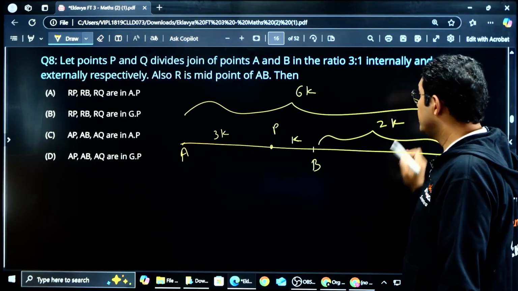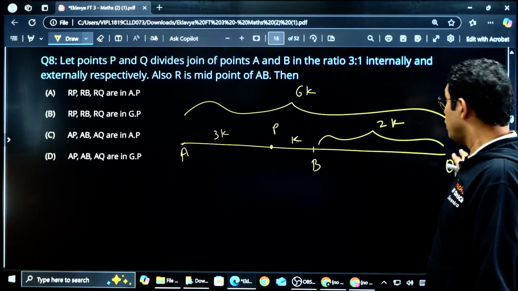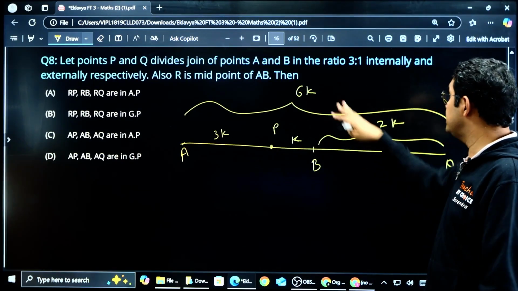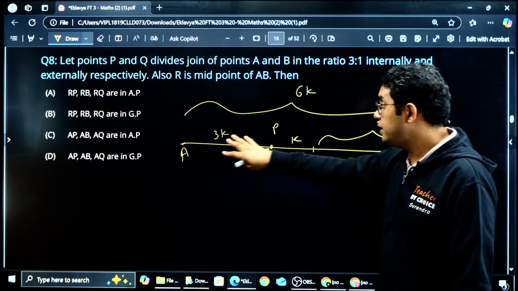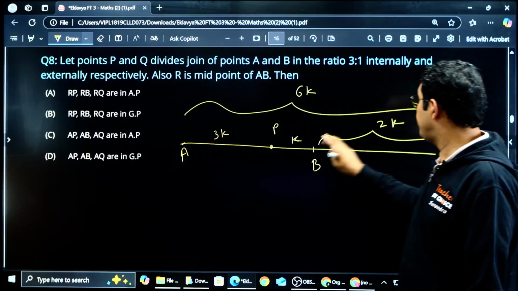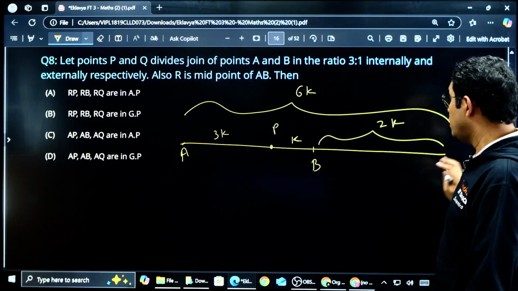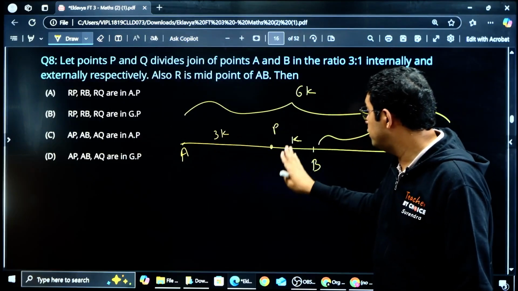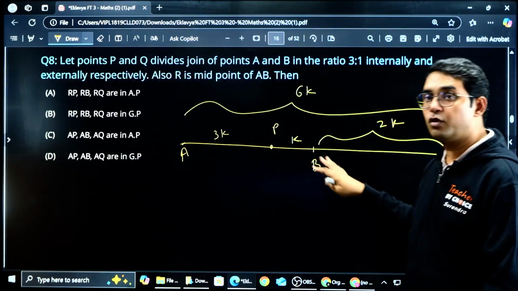You can check. Then the ratio of distances of Q from A to B is 3:1, and you can see the summation also: 3K + K + 2K is 6K. So if the ratios are like this, 3:1 and 3:1, the distances would be like this.